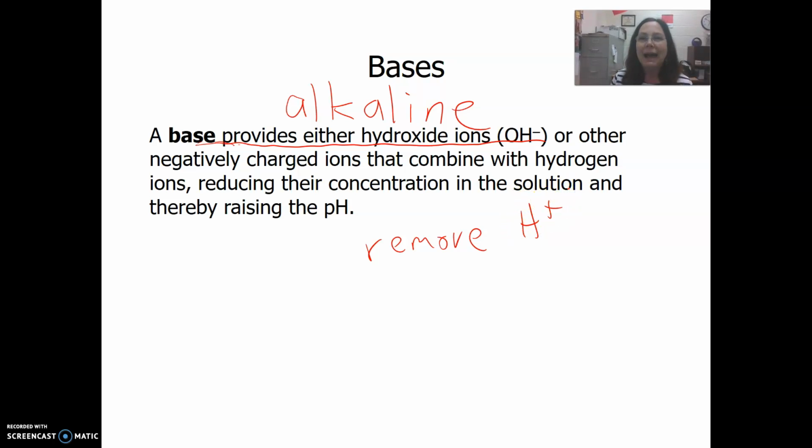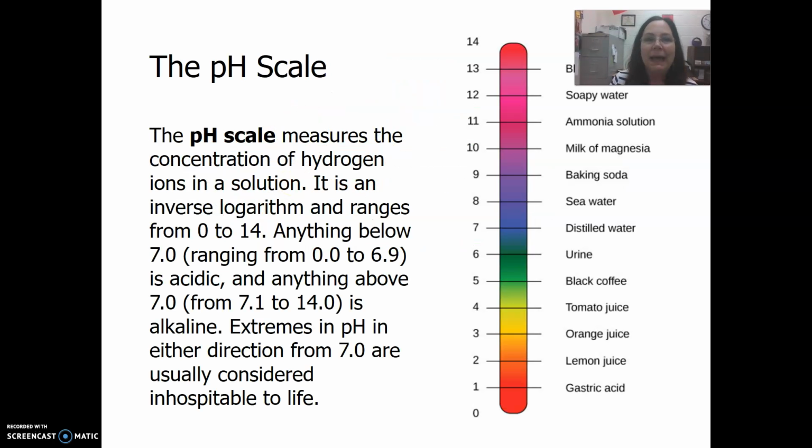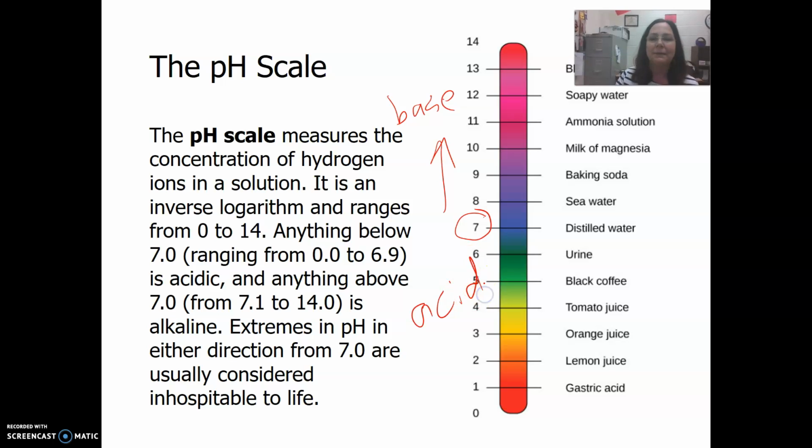If an acid adds hydrogen, then a base is opposite, so it removes hydrogen. And a base will raise the pH. So when we talk about pH, neutral is 7. Anything above that is a base or alkaline, and anything below that is an acid or acidic.